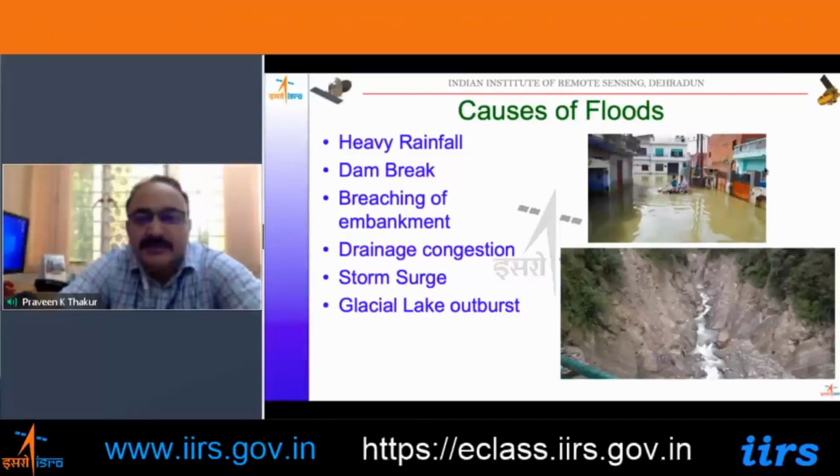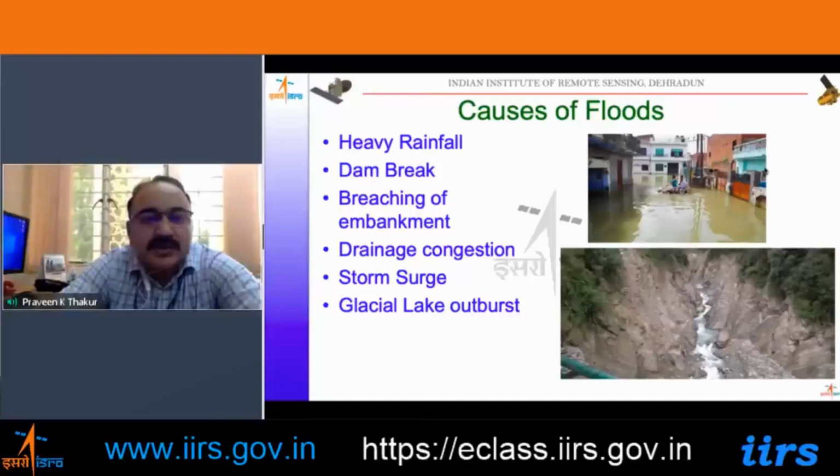First one is always heavy rainfall. Second is dam break. For example, a few years ago in Southeast Asia and also in South America, some mining companies' dams broke. Sometimes normal water dams can also break, and they can generate heavy floods in the downstream area.